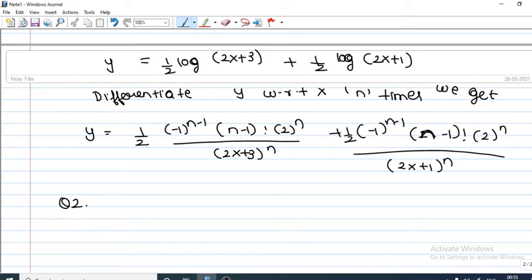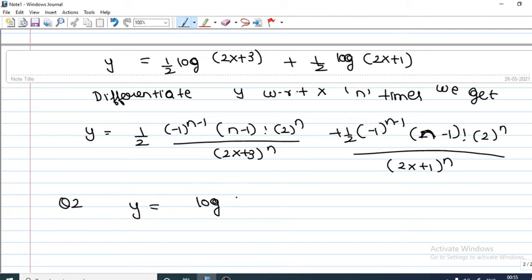Let's take the second question, and that is the mixed variety you can see in this type of questions. Where they can make you stuck is by giving the logarithmic expression in a difficult form, so that it becomes difficult to simplify. So let's take one more problem for your understanding.